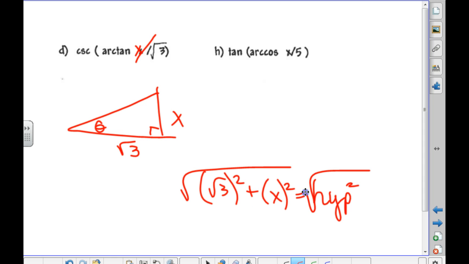So we need to square root it, but what is the square root of 3 squared? Just 3. So it's the square root of 3 plus x squared. So cosecant is what? 1 over sine. So instead of opposite over hypotenuse, it is hypotenuse over opposite.